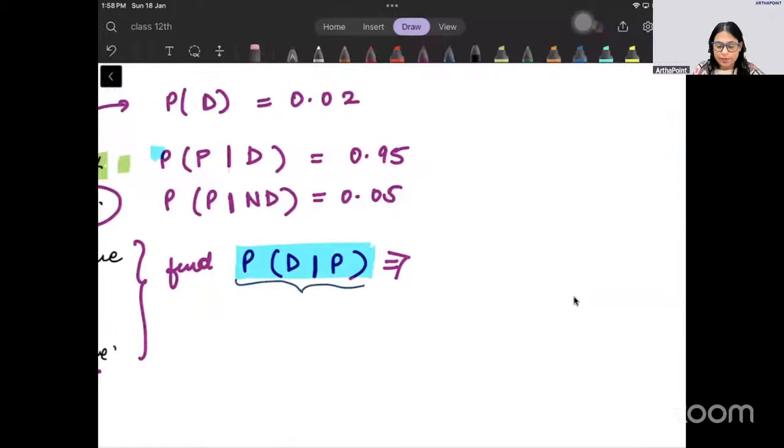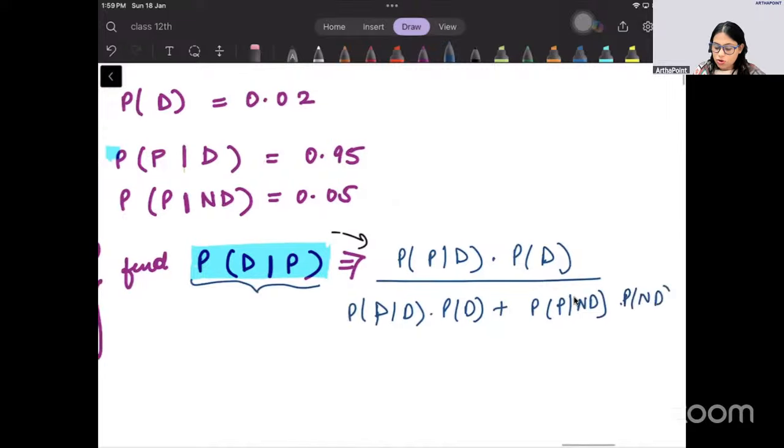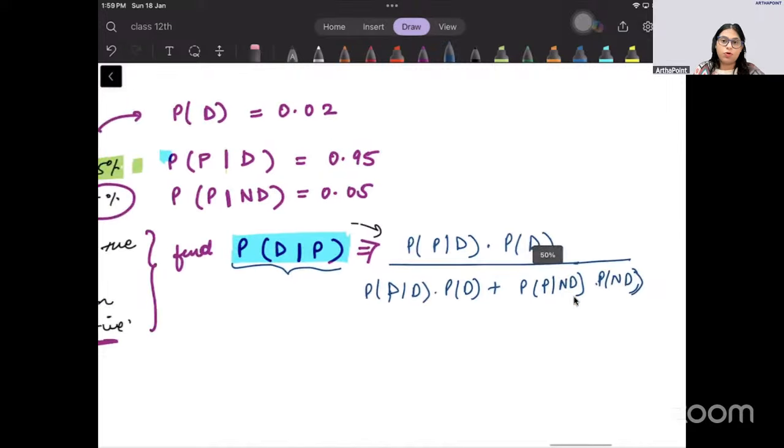Probability of D given P will be: numerator will become probability of P given D into probability of D, and in the denominator we will take all possible cases. Meaning probability of P given D into D plus probability of P given no D into probability of no D. So the denominator will always have the total probability.